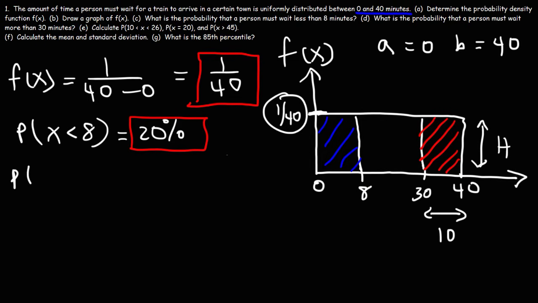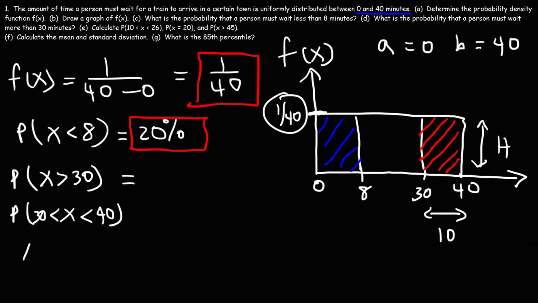So the probability that x is greater than 30, or you could say the probability that x is between 30 and 40, because these two will have the same answer, is going to be equal to the area of that rectangle. So it's base times height. Base is 10, height is 1 over 40.